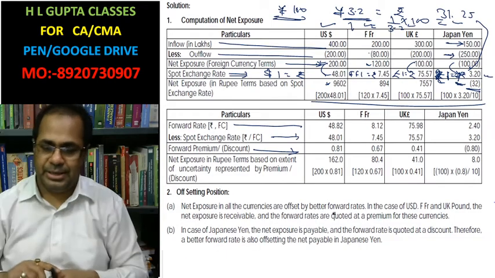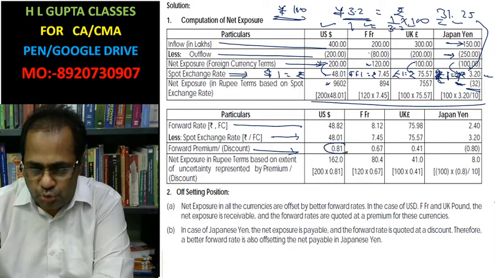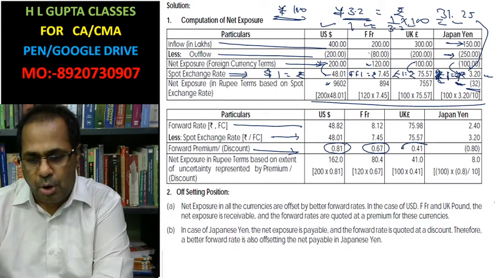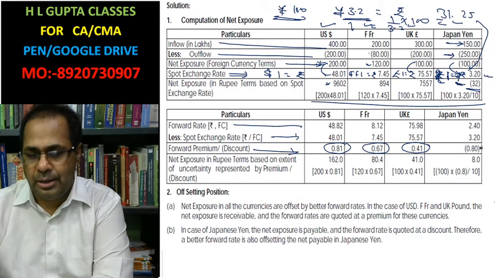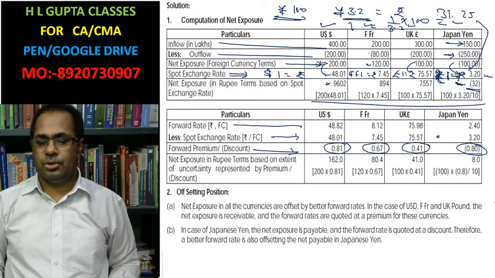In the same case here, the dollar is at a premium. It is good for receiving. The French franc is at a premium, good for receiving. The pound is at a premium, good for receiving. But this is a discount: your rupee is going to a discount. That is not good.